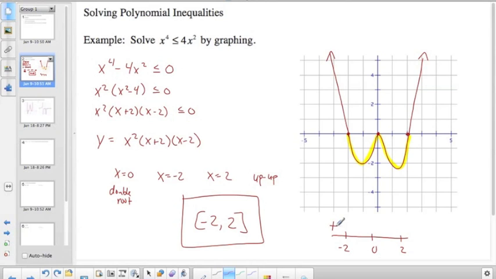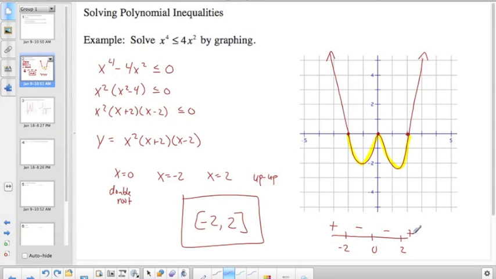If I put a negative 1 in there, I get 1 minus 4, so that's going to be negative. If I put a positive 1 in there, 1 minus 4, which is negative. And then for something greater than 2, if I put a 3 in there, again we have 81 minus 4 times 9, so that is also going to be positive.